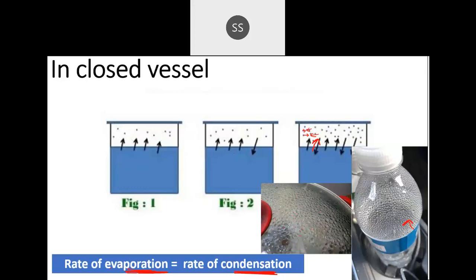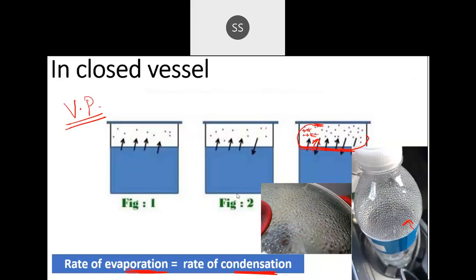Now when the equilibrium is established, the gases which are present over here on top of this liquid will exert certain pressure. That pressure is what we call vapor pressure. Understand, if you have taken an open vessel and you say that the gases are exerting a pressure, then that is not vapor pressure.